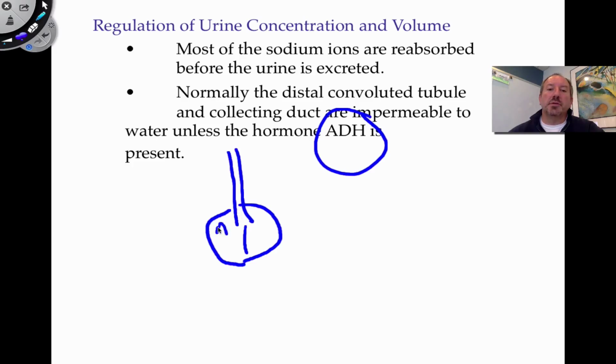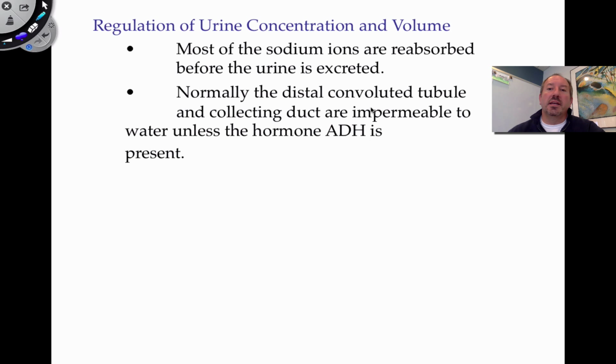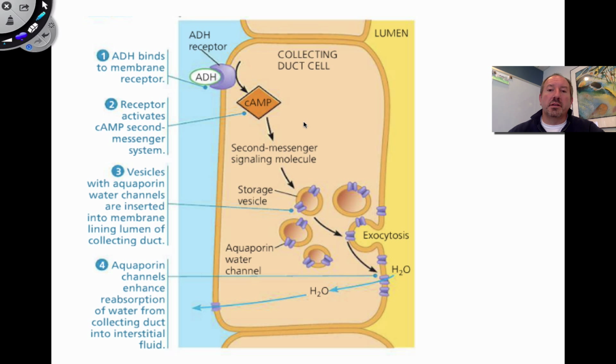And there's an anterior lobe and a posterior lobe. It's the posterior lobe that is producing this antidiuretic hormone, and the target is the collecting duct of the nephron.